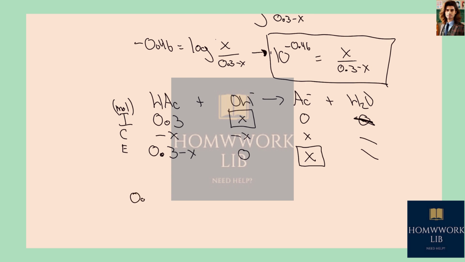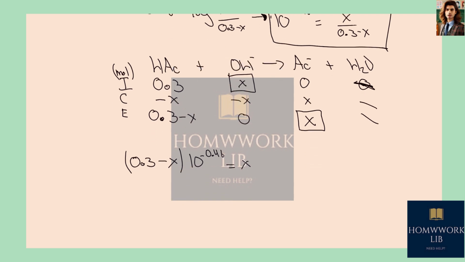So 0.3 minus X multiplied by 10 to the minus 0.46 is equal to X. So we have 0.3 times 10 to the minus 0.46. Putting all of the X's on the same side, we have X times 1 plus 10 to the minus 0.46.